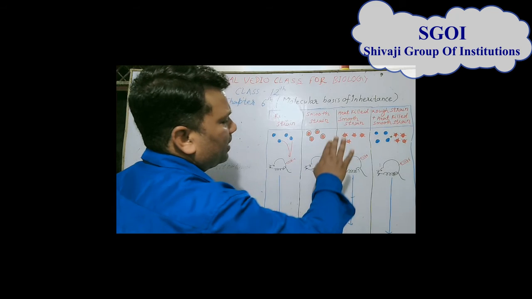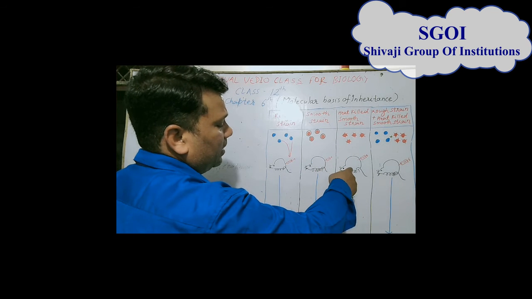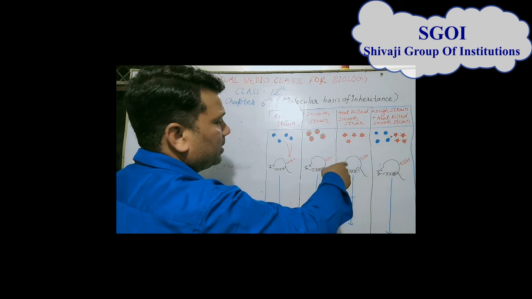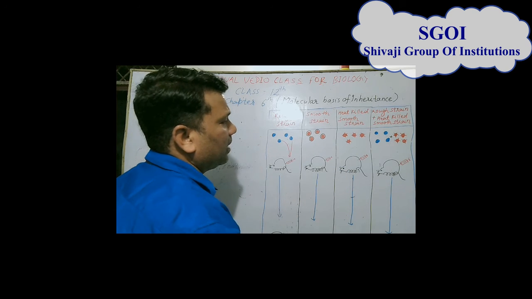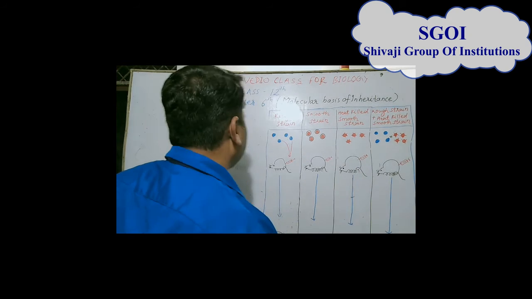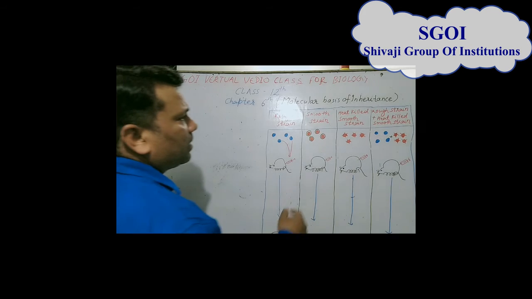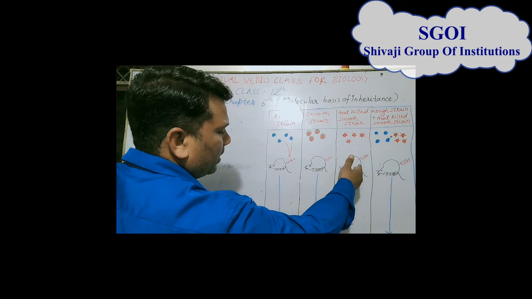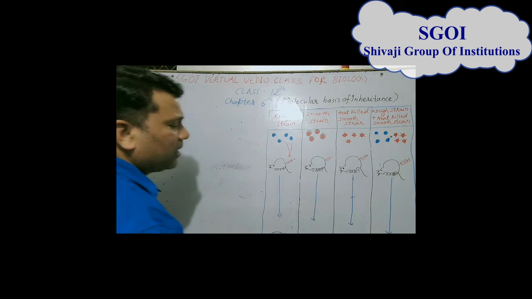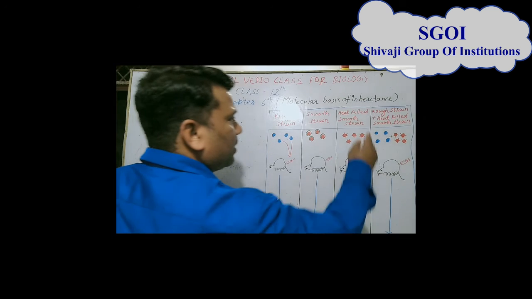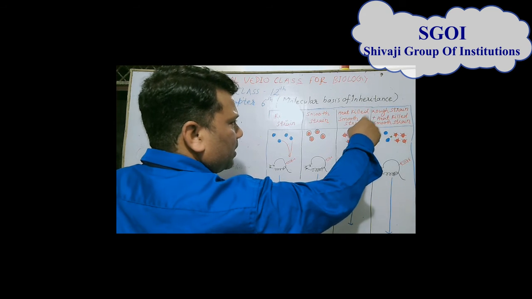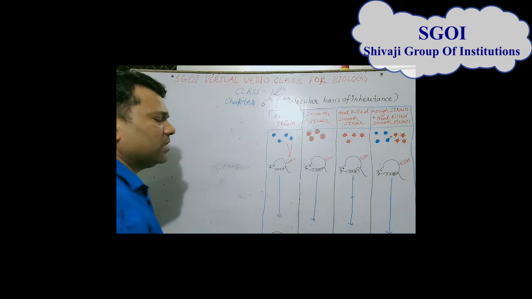Heat killed smooth strain, when injected into mice, the mice will live. Why did this happen? What is the reason that heat killed smooth strain is non-virulent in nature, and rough strain plus heat killed smooth strain is virulent in nature?